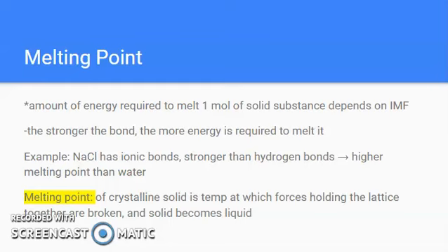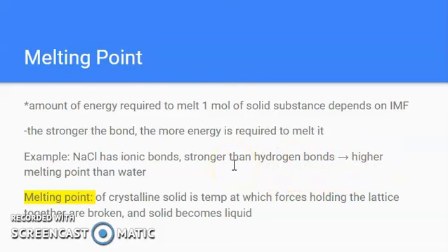The stronger the bond, the more energy is required to melt it. Another factor could be the amount of substance that there is. The more material that there is, the more energy is required to melt it. An example is NaCl, which is table salt, has ionic bonds which are stronger than hydrogen bonds in water, and so it has a higher melting point than water.